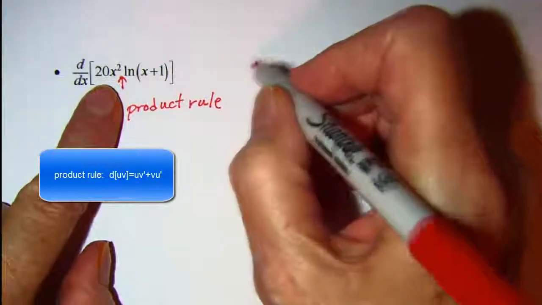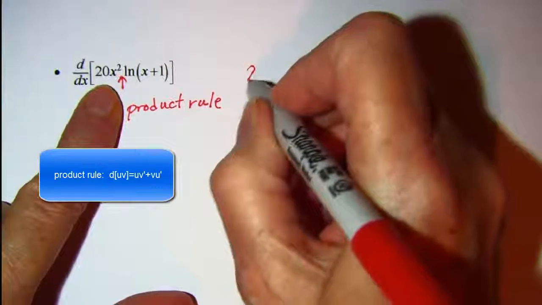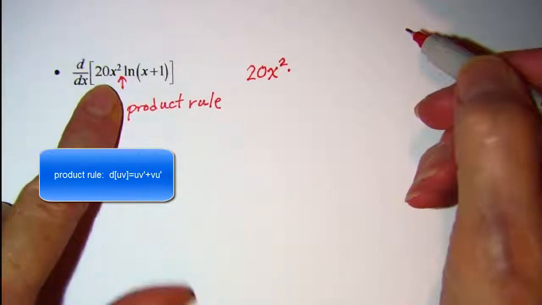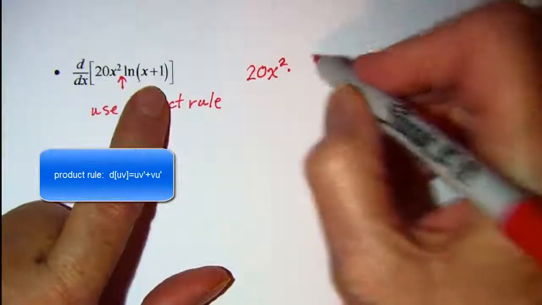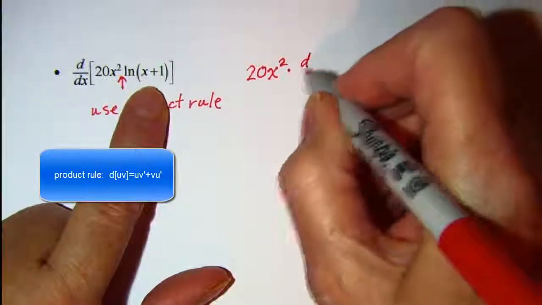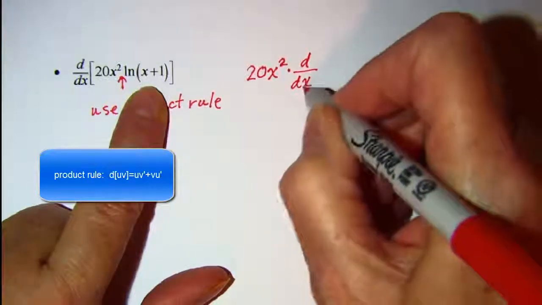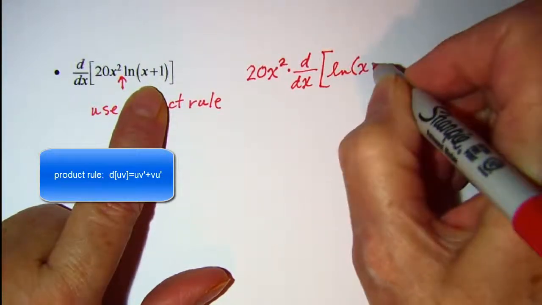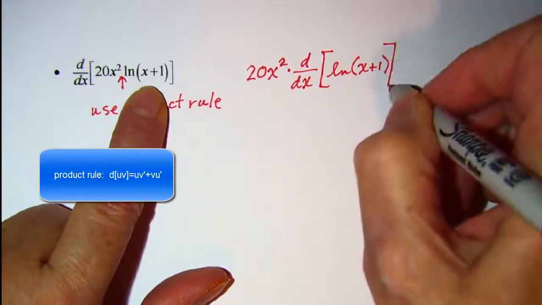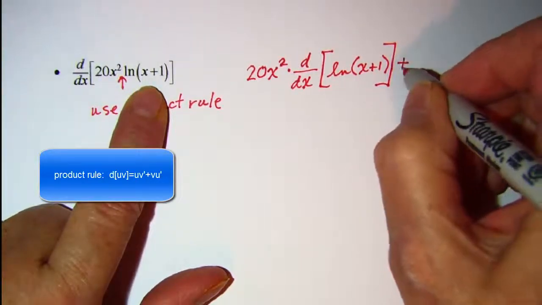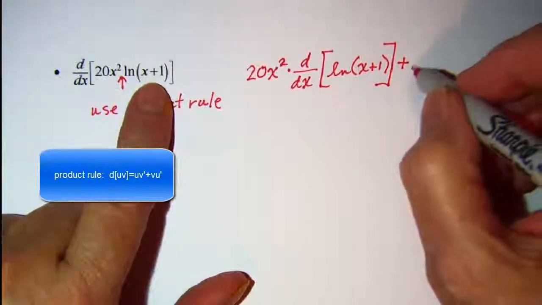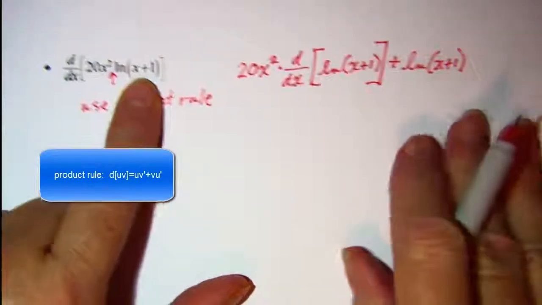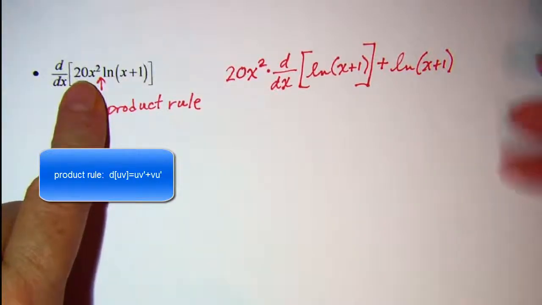We're going to have 20x squared multiplied by the derivative of the second factor. Let me just write that. And then plus the second factor times the derivative of the first factor.